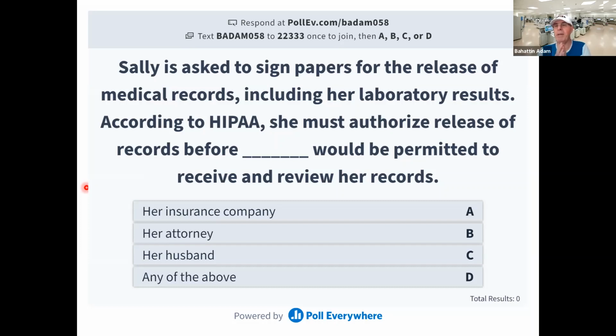According to HIPAA, she must authorize release of records before her attorney, husband, or insurance would be permitted to receive and review her records.